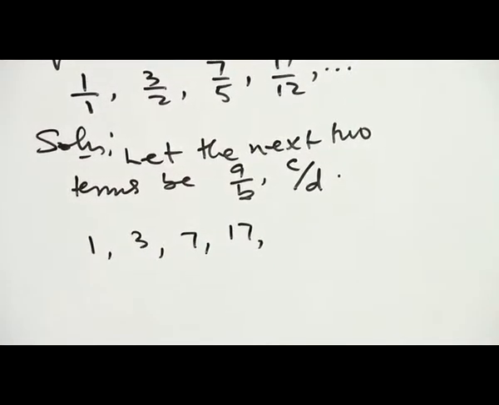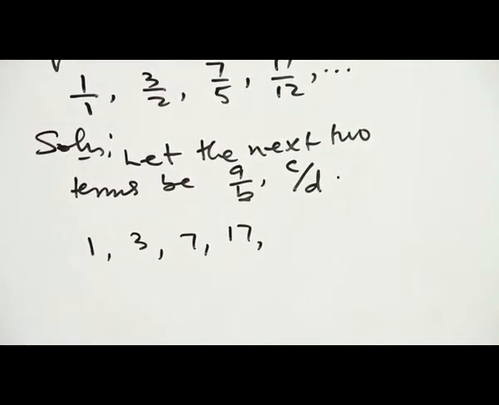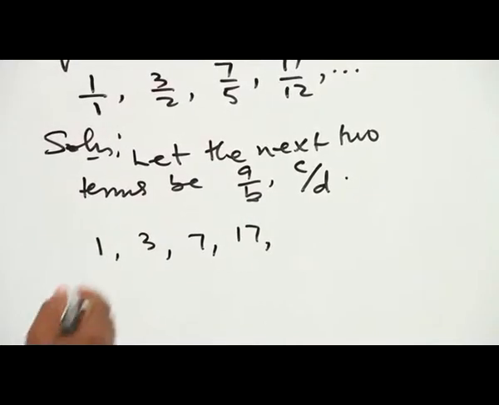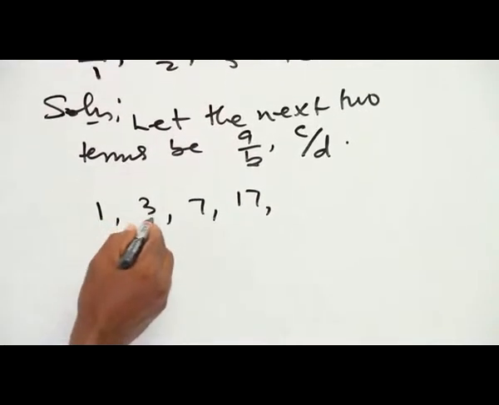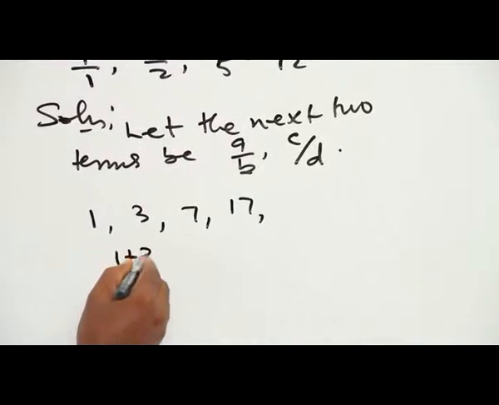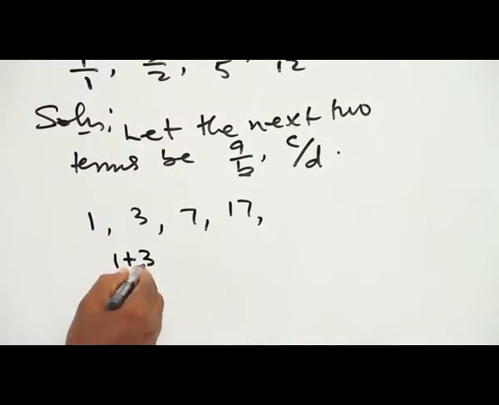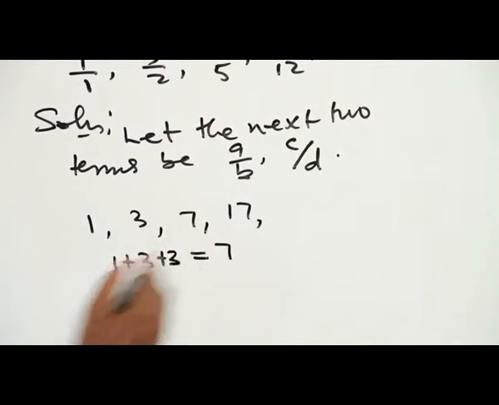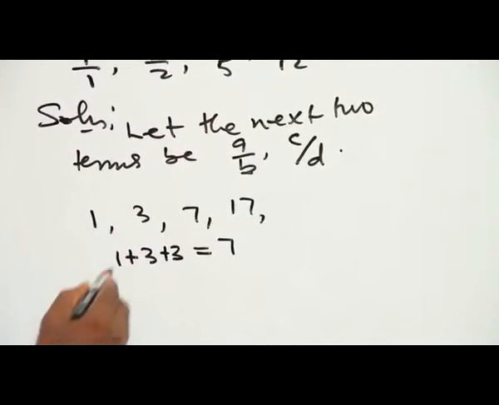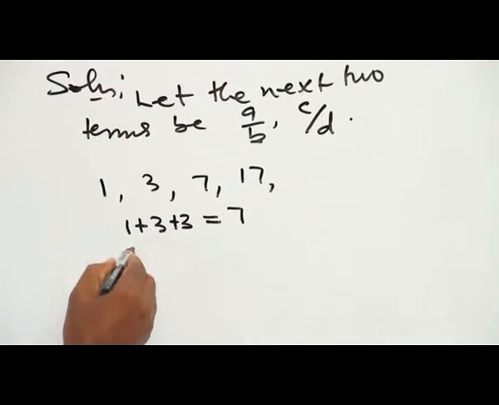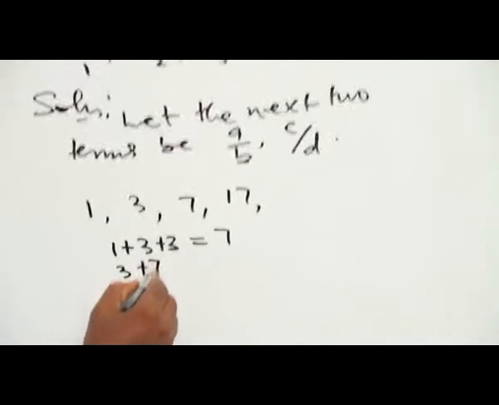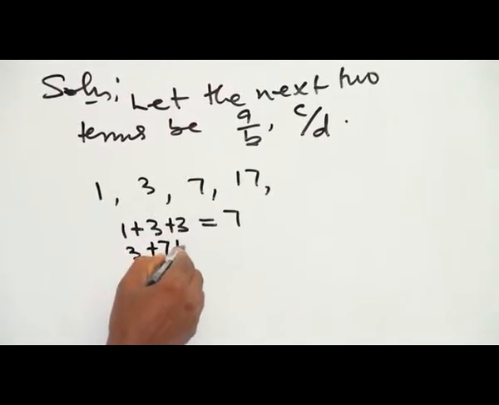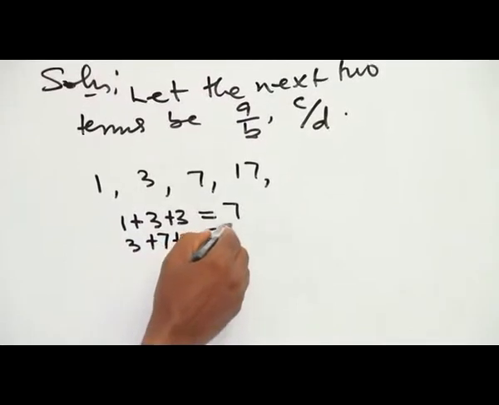Observe carefully here. In this case of the numerator, you have 1 plus 3 plus 3, it will give us 7. Then we can take the next one. 3 plus 7 plus 7 will give us 17.